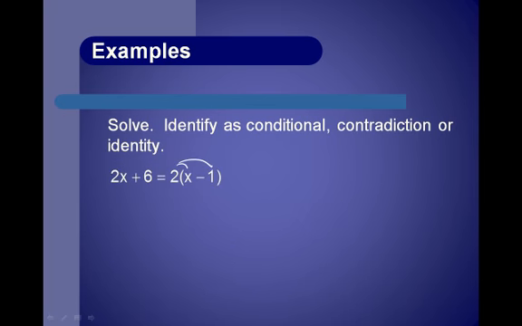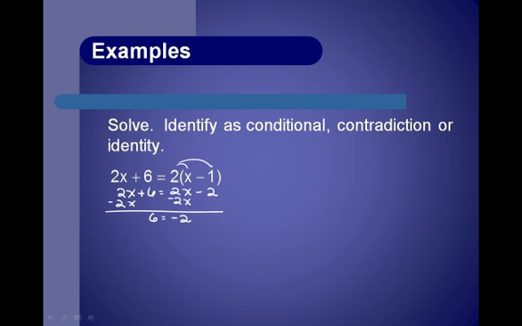Next equation. To get rid of the parentheses, we're going to distribute the 2. So we get 2x plus 6 equals 2x minus 2. To get all of the variable terms on one side, we're going to subtract 2x from both sides. So we get 6 equals negative 2.